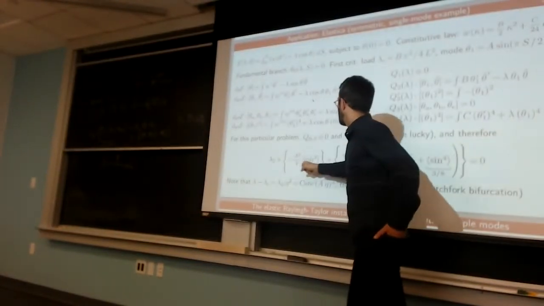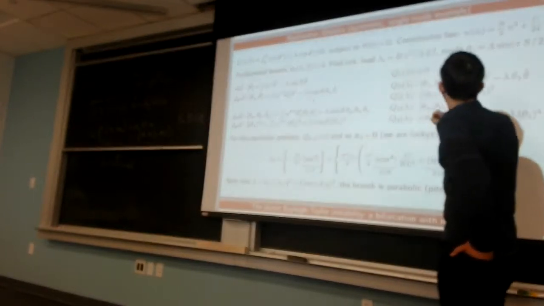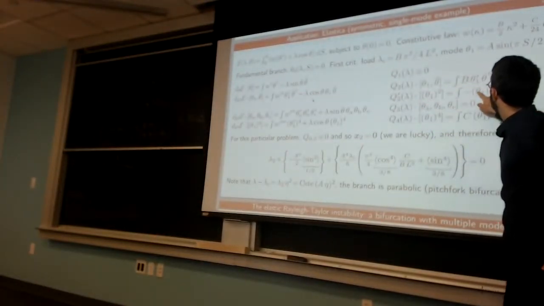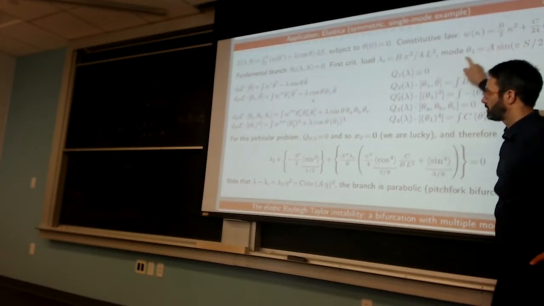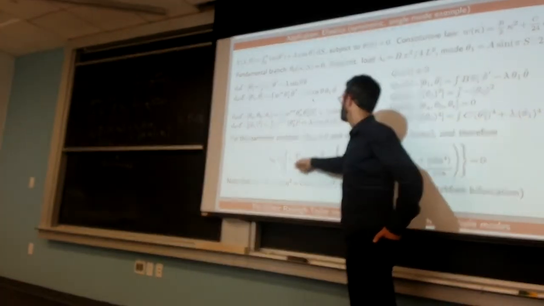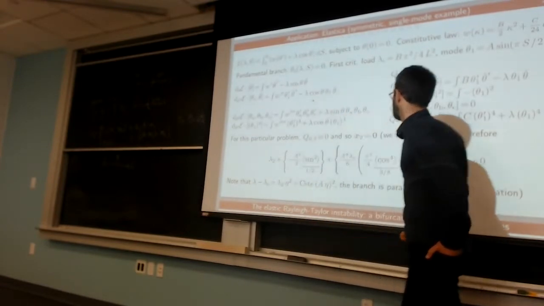So the lambda 2 prime is multiplied by a Q2. The Q2 is quadratic with respect to θ1, so it's quadratic with respect to the amplitude. So you get amplitude squared times the coefficients times lambda2.